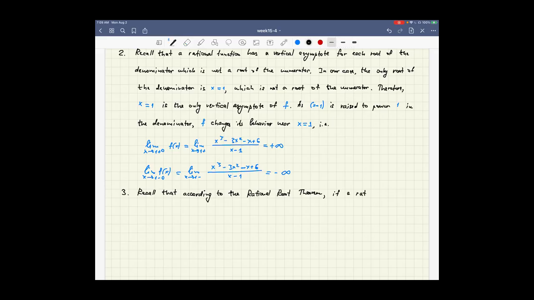If a rational root P over Q exists, then P divides the free term, which in our situation is 6.